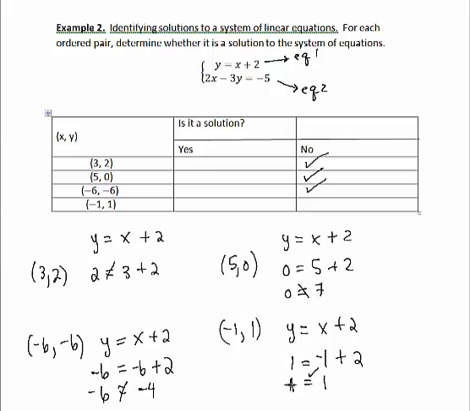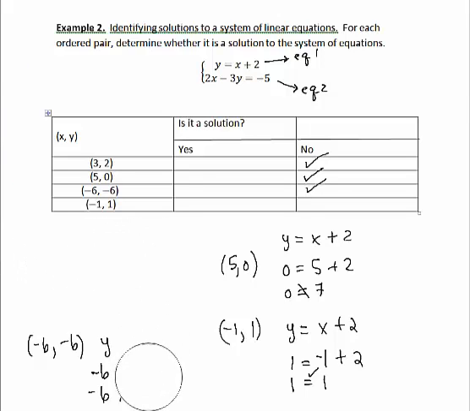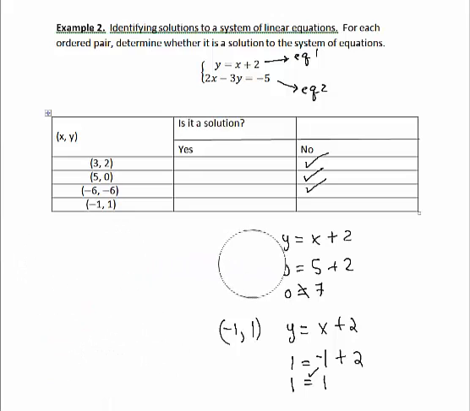So negative 1, 1 checks out for the first equation. Okay, but we're not finished. We now have to go and check the second equation. And then, if it satisfies the second one, then we can call it a solution to the system.